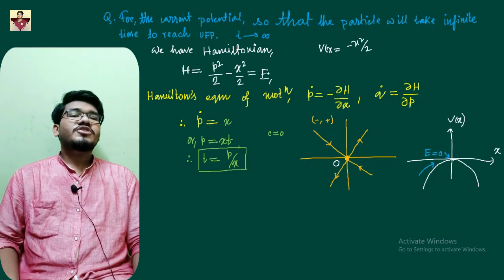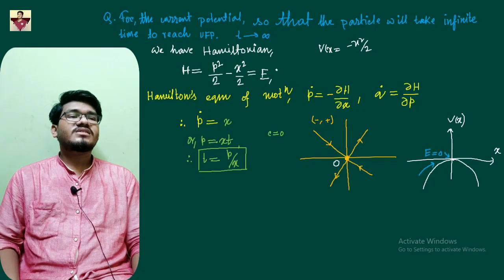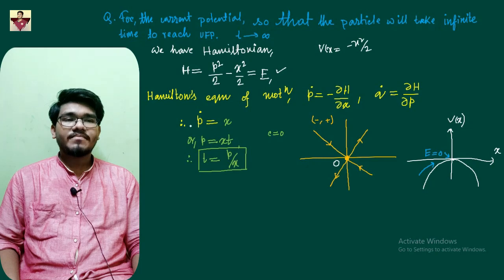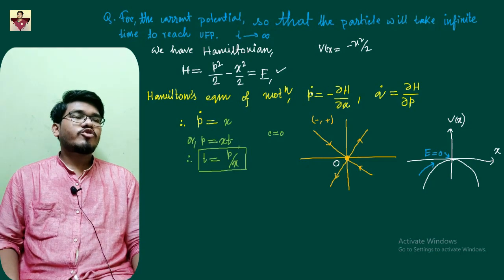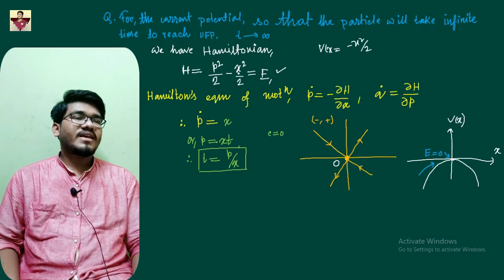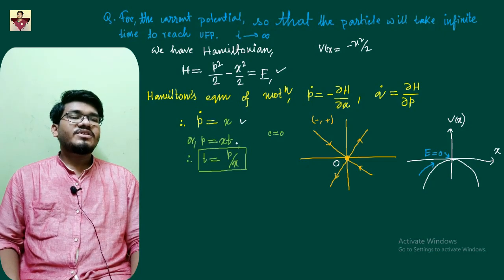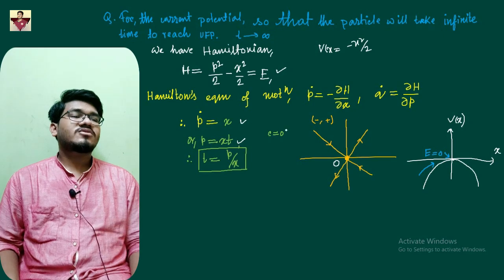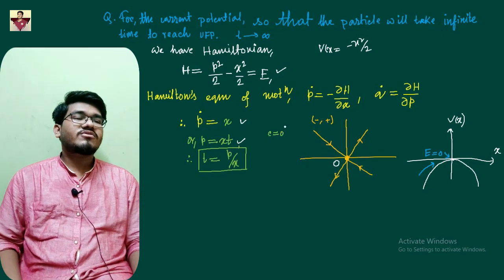So first you need to write the Hamiltonian of the system. So here is the Hamiltonian of the system. Then what will be the Hamilton's equations of motion? So the first equation will be p dot equal to minus del H by del x, right? So it will be p dot equal to x. So if you integrate, it will be equal to xt. For simplicity I am taking the integration constant as 0.